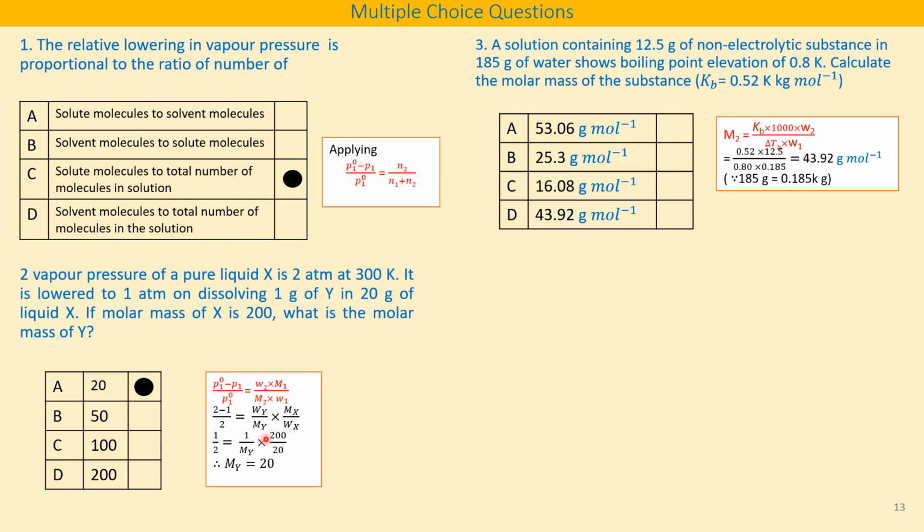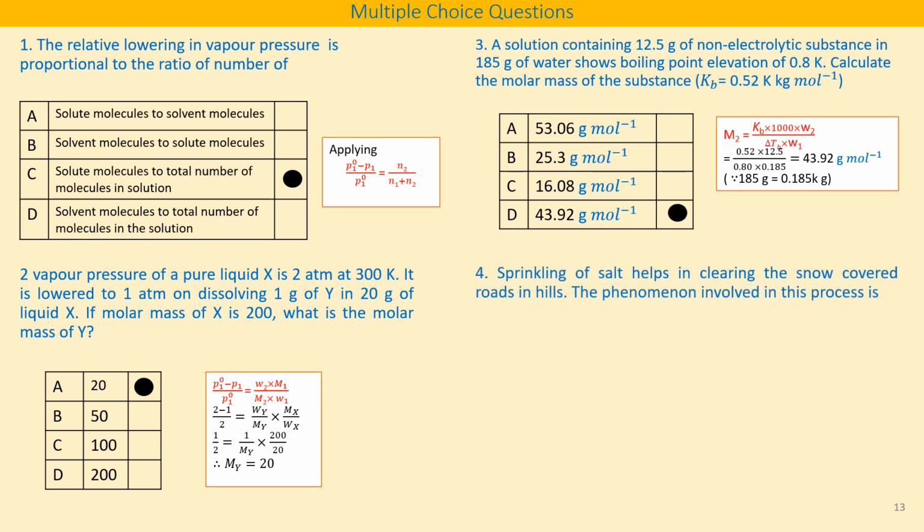So this 1000 and the multiplication factor of W2 get cancelled, and in the denominator we have delta Tb, given as 0.8, into 0.185. So 185 grams is 0.185 kg. Substituting these values, we get 43.92 grams per mole, and this is given as option D. Please mark it. Next question.